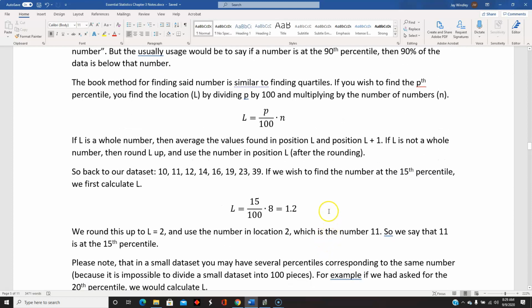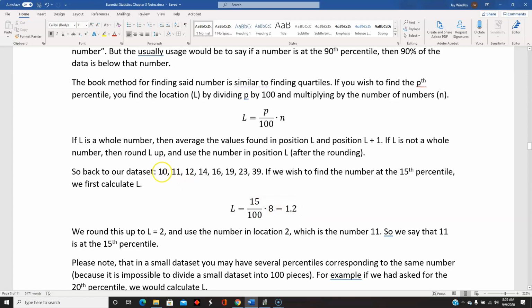So in our data set, if you want to find the number at the 15th percentile, you do 15 divided by 100. You multiply that by 8 because we have 8 numbers in the data set. So the location we're looking for is location 1.2. Now, I will interject this right here. The number 10 is at location 1, and the number 11 is at location 2. And some software packages do some interesting calculations to figure out where in between there would be location 1.2.